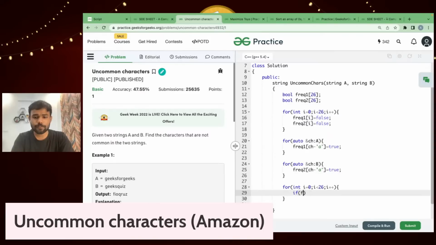Now, if the character is present in both the strings, we can take the and of it. So we can take and, or we can take or, if it is present in both the strings.